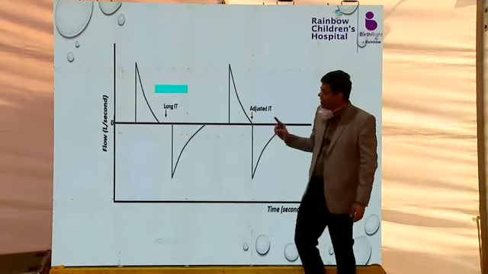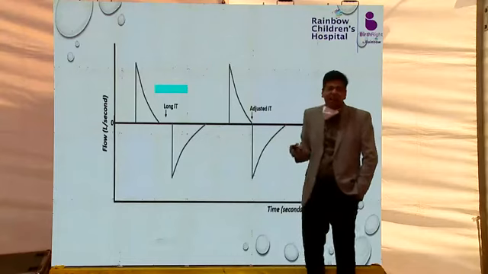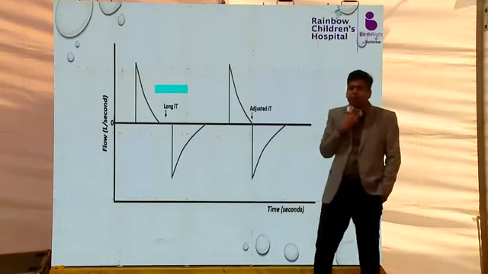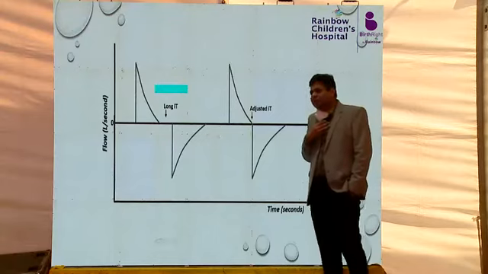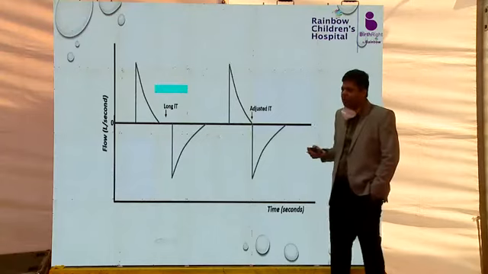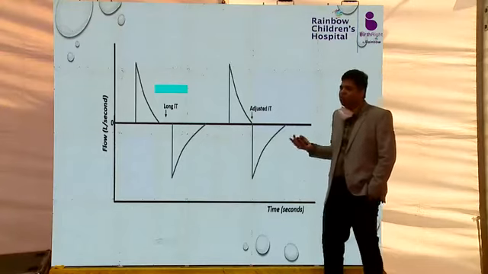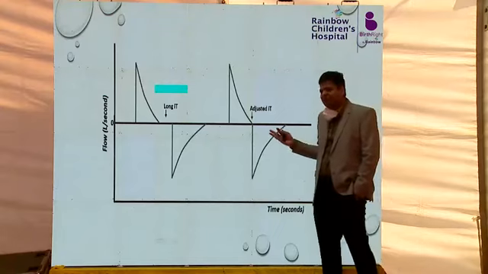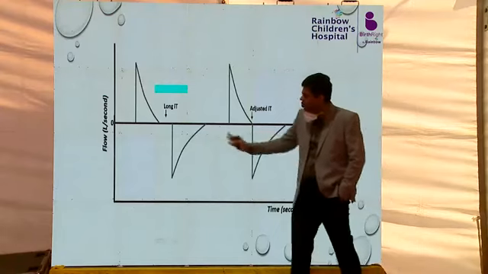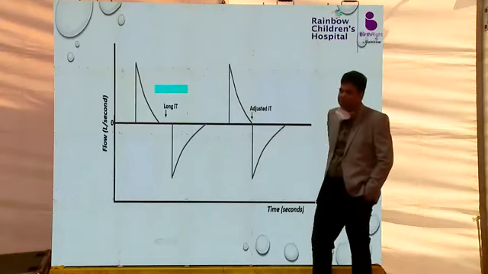So the baby needs a TI of 0.3, but you have kept a TI of 0.5. What harm can it lead to? Long TI can lead to barotrauma, tracheobronchitis, even air leaks also. So an unnecessarily long TI should not be there. You will decrease the TI and your waveform should look like this. This is the adequate TI.